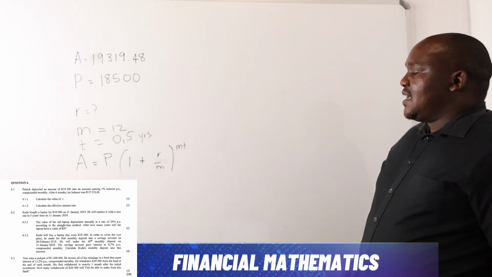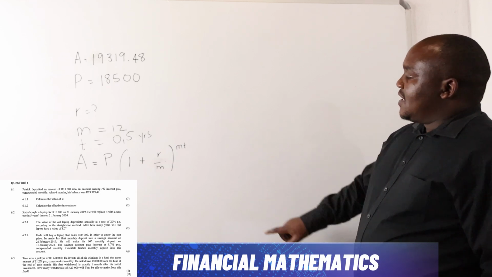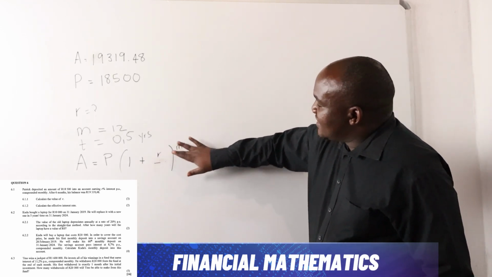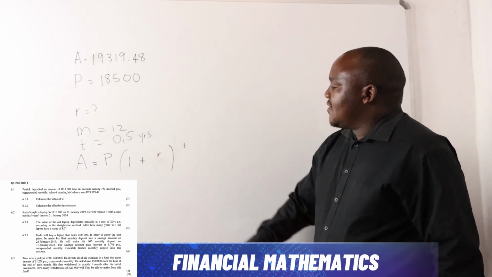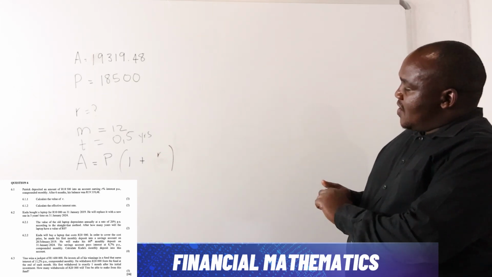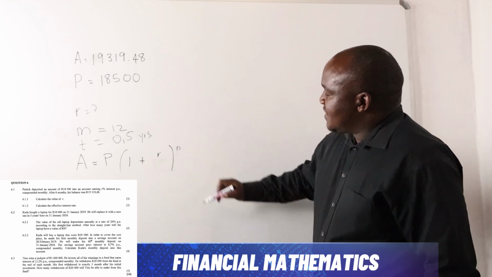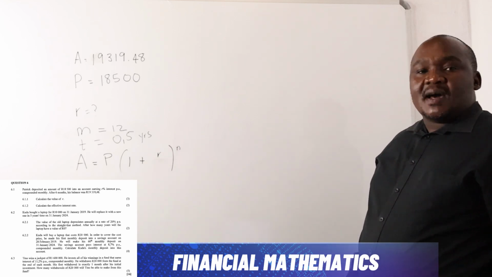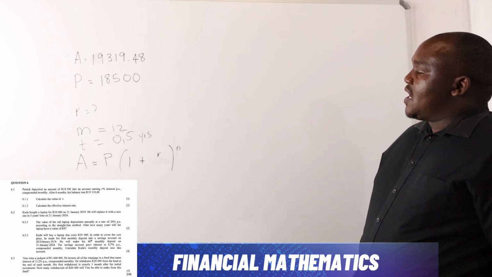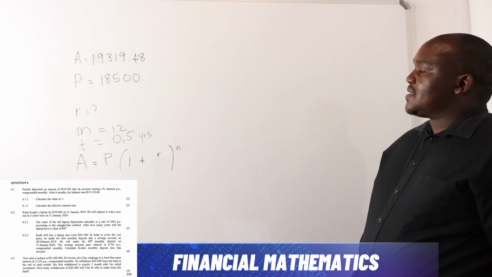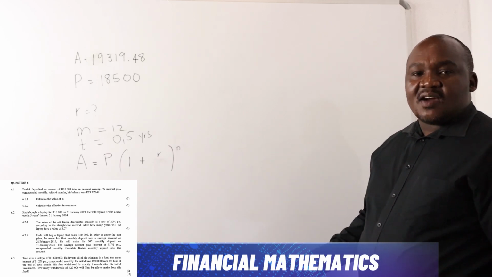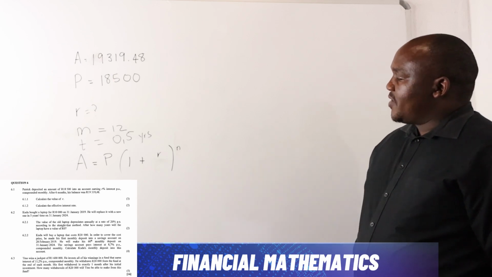Now, I know that in our formula sheet, this is the formula that's given. But of course, we can change that based on how many times the conversion occurs or it's compounded.